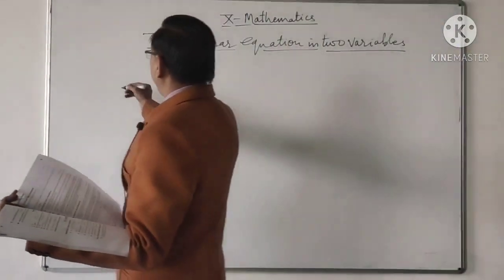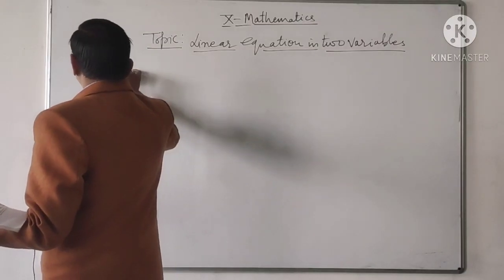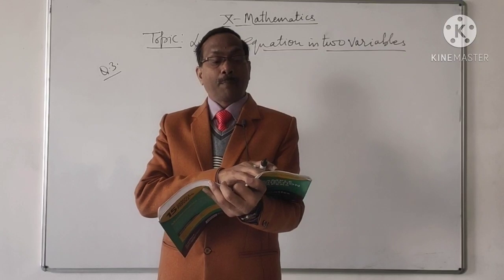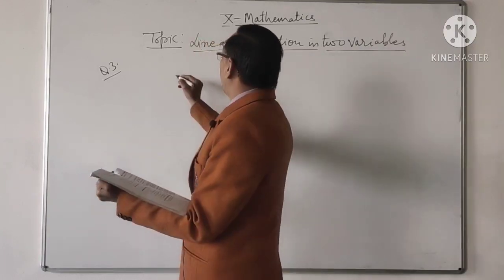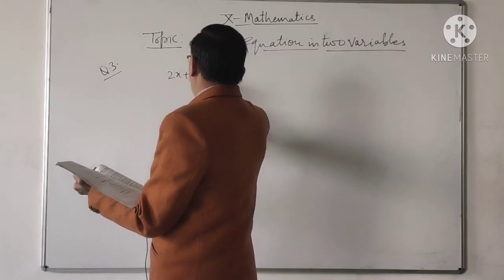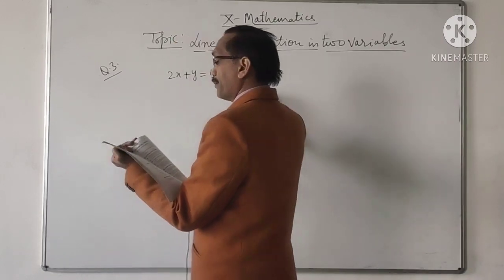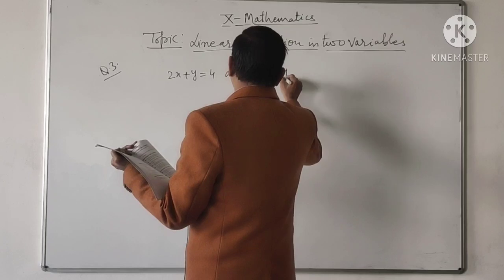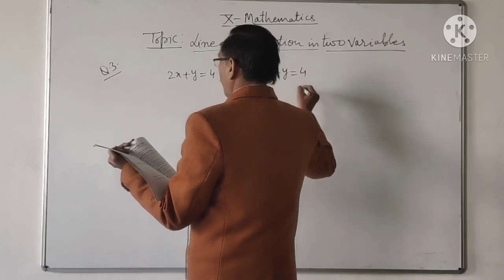Now question 3. Draw the graph of the pair of equations 2x plus y equal to 4 and 2x minus y equal to 4.